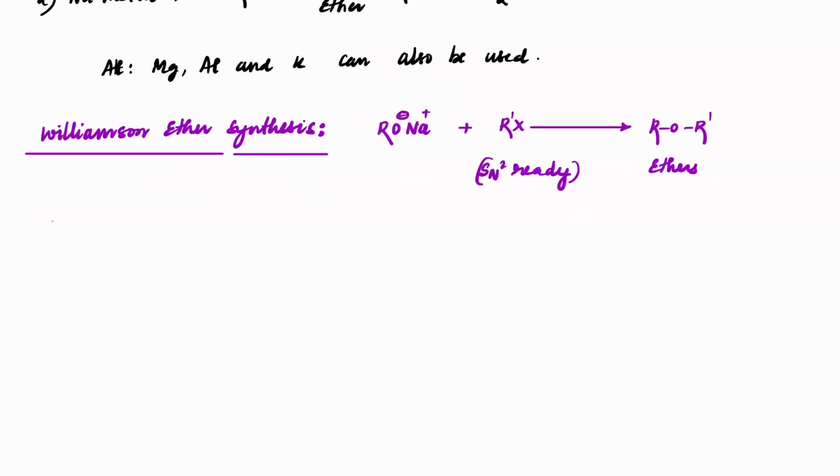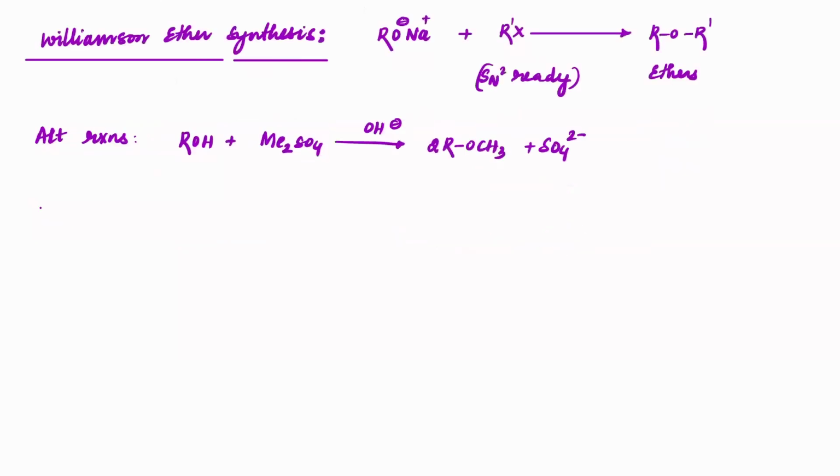Another alternative reaction: alcohol directly reacting with dimethyl sulfate in the presence of OH minus. That will convert into 2 moles of ROCH3 plus SO4 2 minus. Mechanism wise, ROH in the presence of OH minus gives RO minus plus H2O.